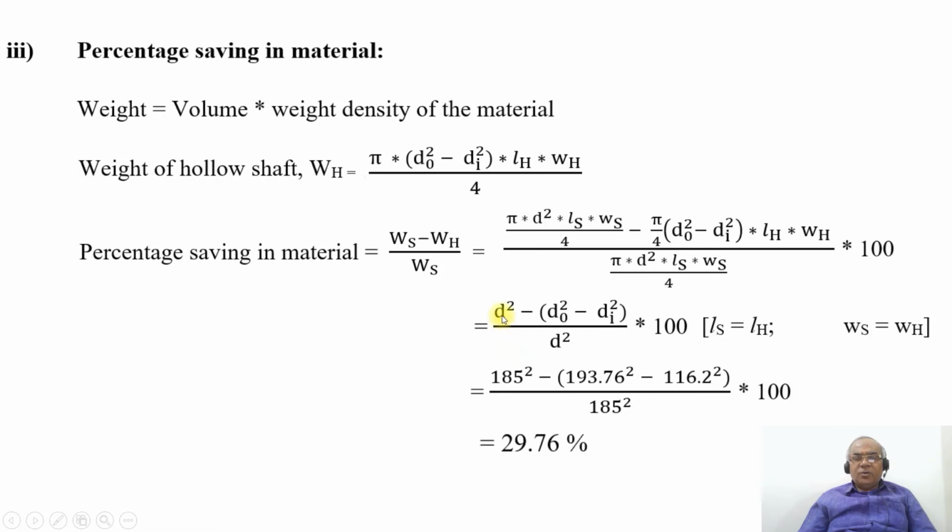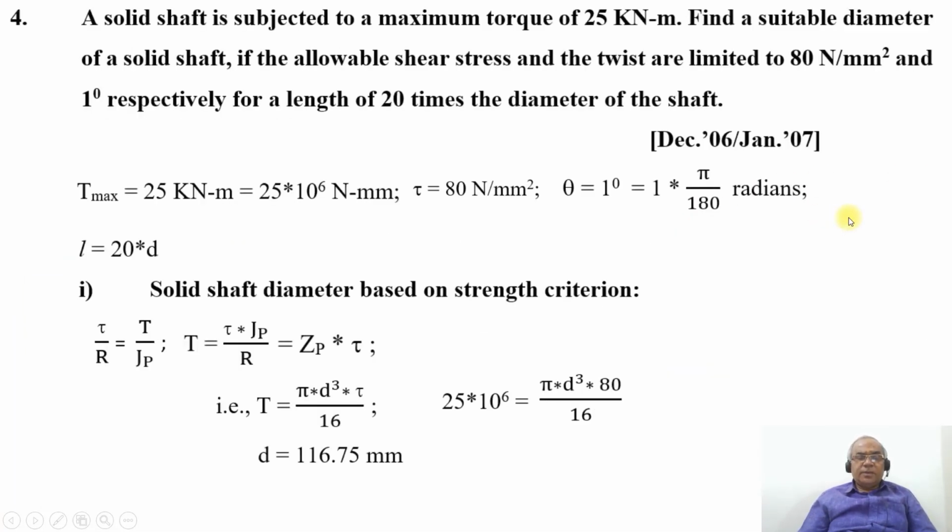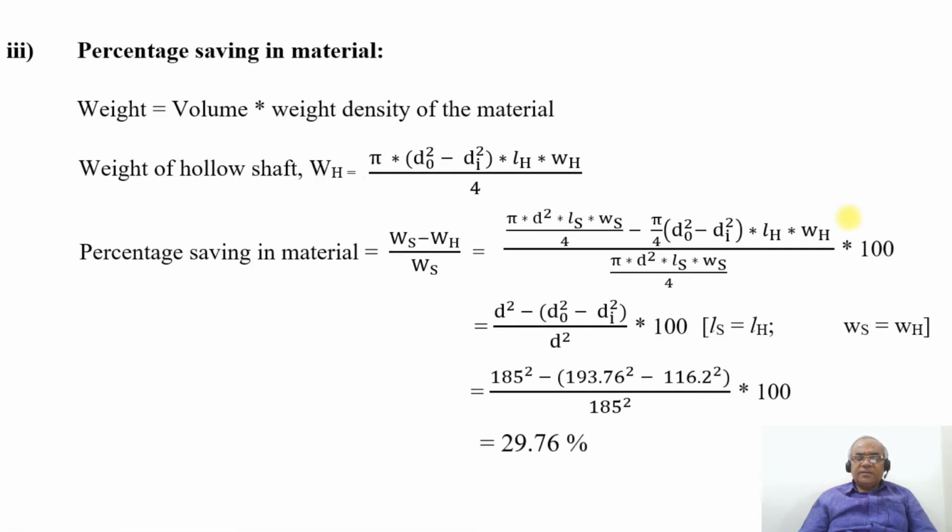Substituting d as 185, d naught as 193.76, and di as 116.26, the entire thing divided by 185 square into 100. Therefore, the percentage of saving in material will be equal to 29.76%. This is how you calculate the percentage of saving in material. Thank you.